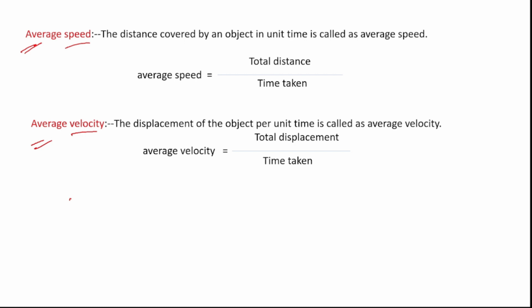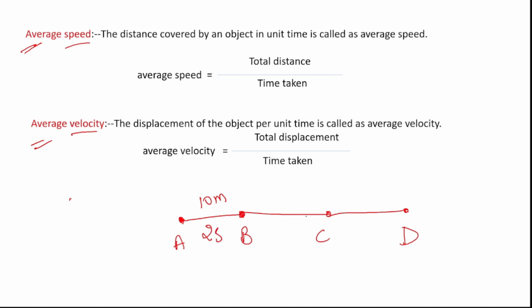and average velocity. For example, if we say a car is at point A and it is moving to point B, point C and point D. Let us say the distance from point A to B is 10 meters. The car is traveling this 10 meters in 2 seconds.